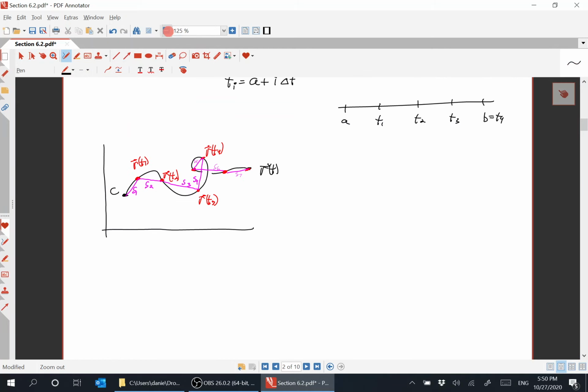All right. Thinking of that density function as relatively constant on small intervals.